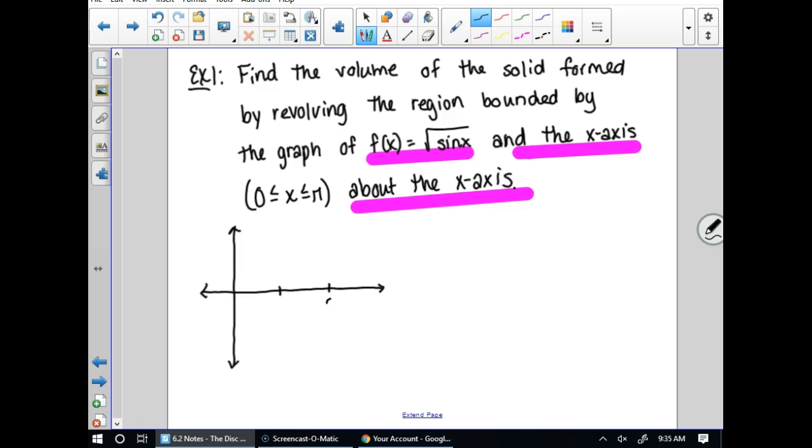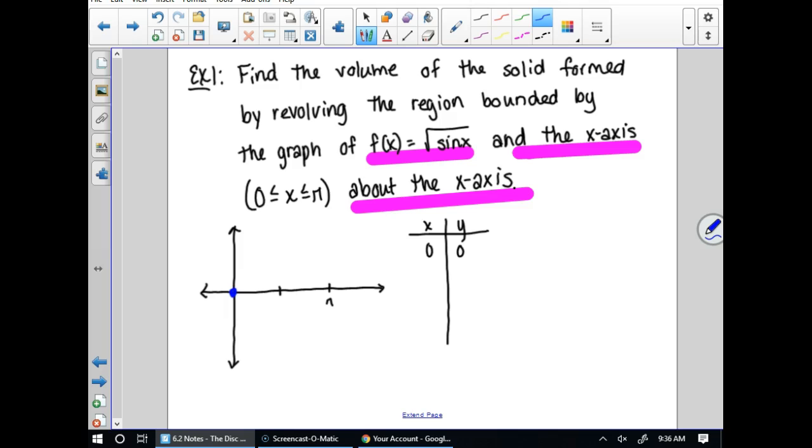So this is at pi, and let's just make a little table here. I'm not going to know lots of the values for this, but if I plug in 0, what is the square root of sine of 0? 0, right? So I'm going to have this point here.